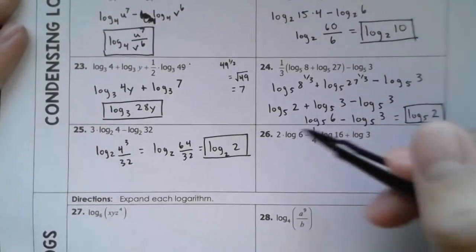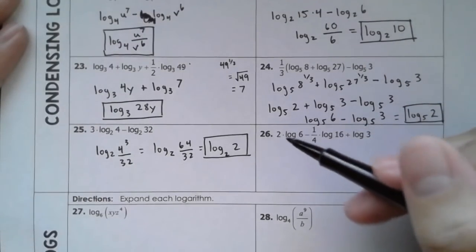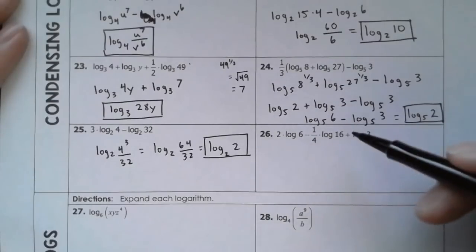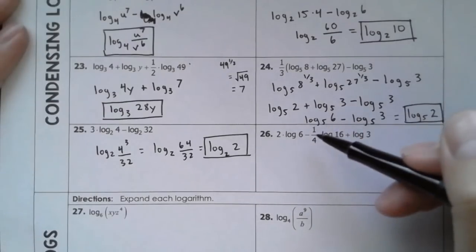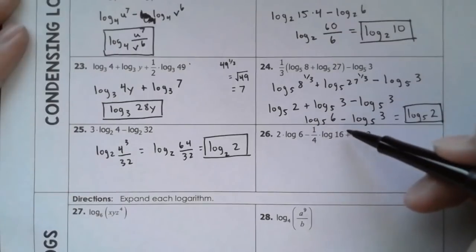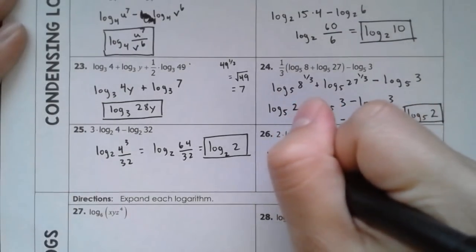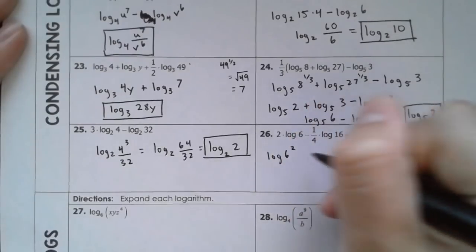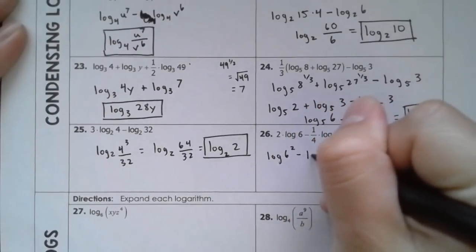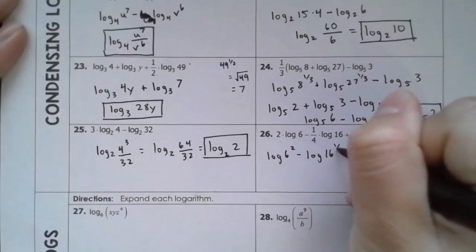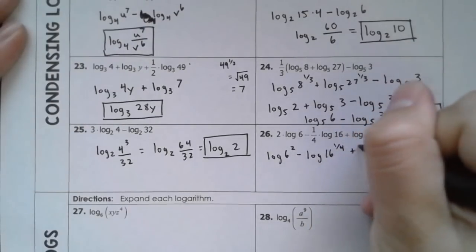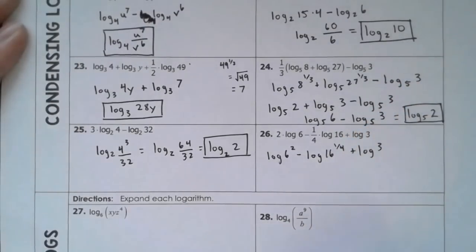Next one, I have the common log, and each one has its own exponent, except the last one, but this one has 1/4 as its exponent, and this one has 2. So I can rewrite this as log of 6 squared minus log of 16 to the 1/4 plus log of 3.